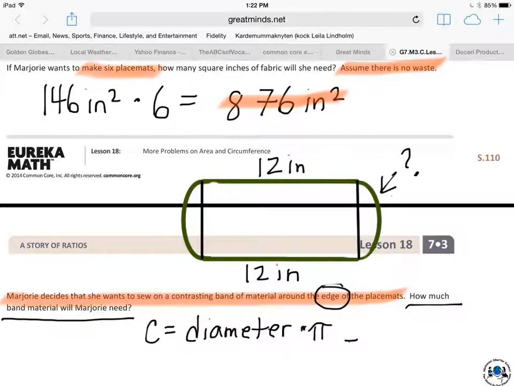We came up with this relationship: the circumference was diameter times pi, and that's where pi actually came from. It's the relationship between diameter and circumference, which is, of course, a ratio, the most famous ratio of all, pi.